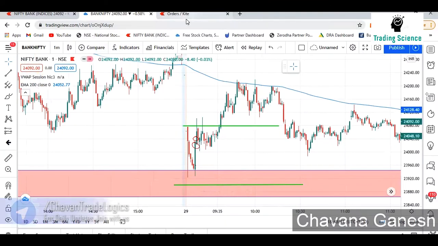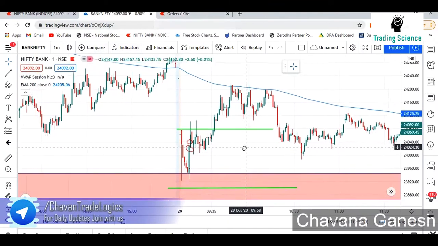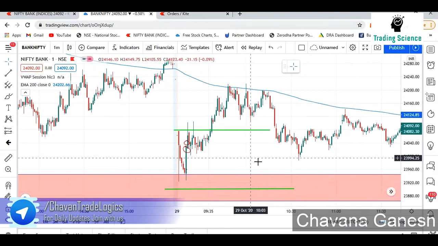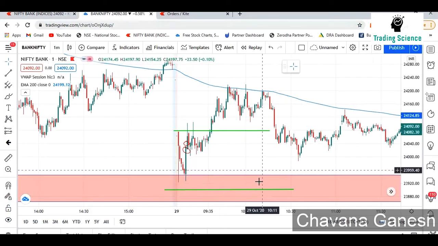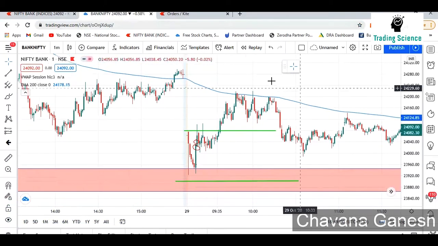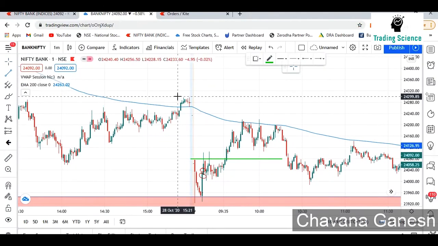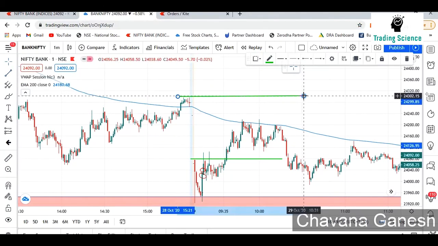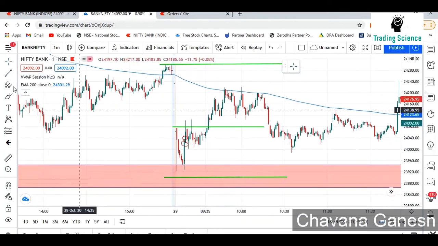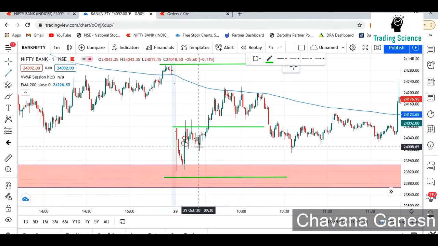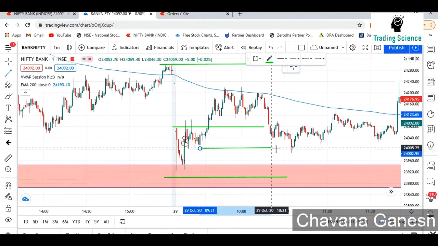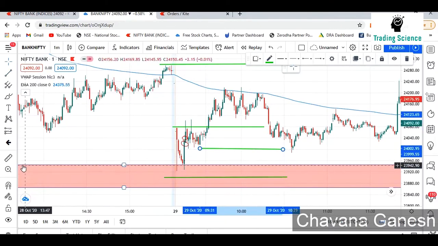I knew I could make some decent profit today, because today is expiry day. That's why I was still holding 2,400. Actually I should have shorted these level positions, but mistakenly I took the positions at 2,400, which is around these levels. This is a completely wrong trade.